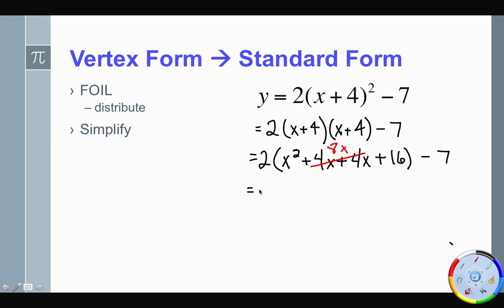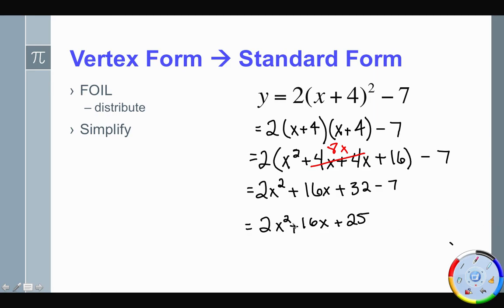If I distribute the 2, I get 2x squared. Then I get 2 times 8x, which is 16x. And I get 2 times 16, which is 32, minus 7, and we get the function now in standard form as 2x squared plus 16x plus 25.